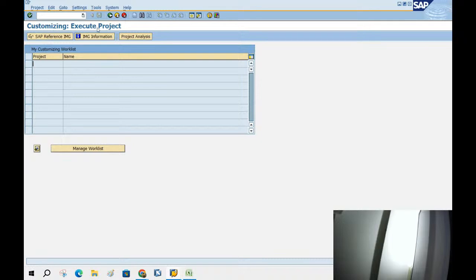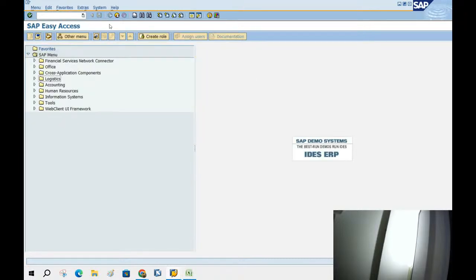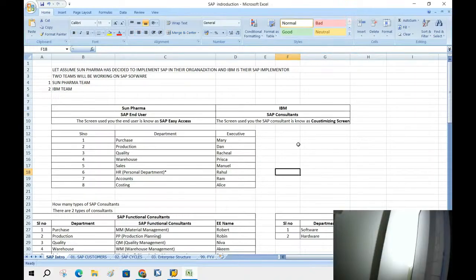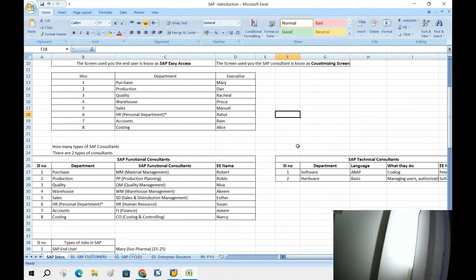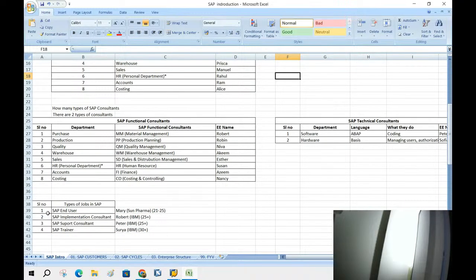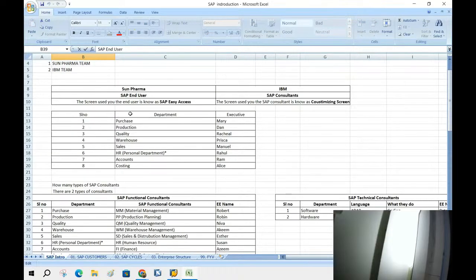So customization, the end user screen and the consultant screen we have understood. Then we have discussed what different types of consultants are going to be there and what kinds of jobs are available. Yesterday we have seen there are four types of jobs. SAP end user jobs, like who is going to use the software? The different departments of Sun Pharma are going to use the software.